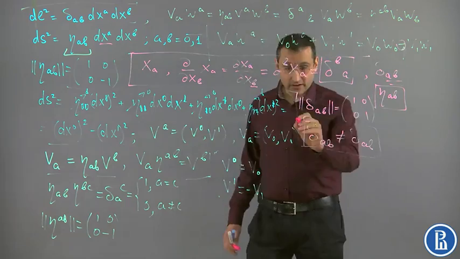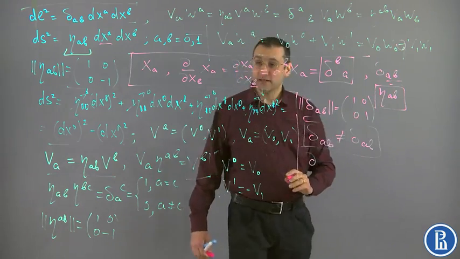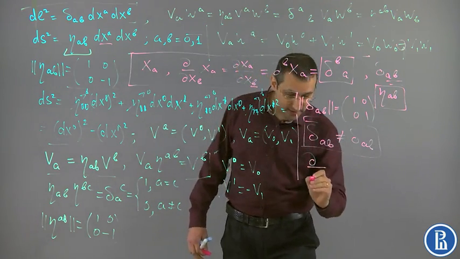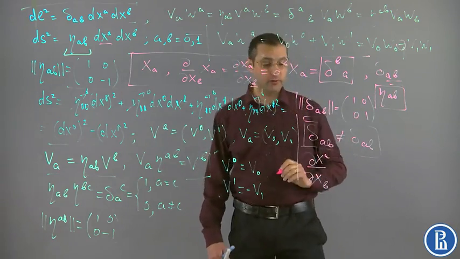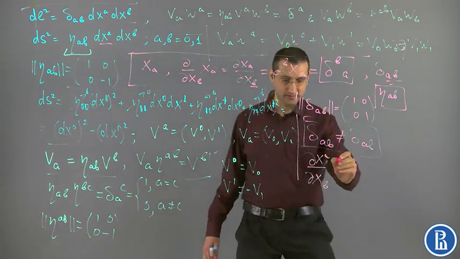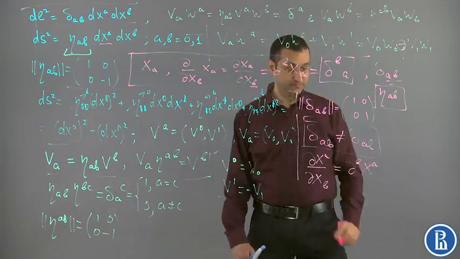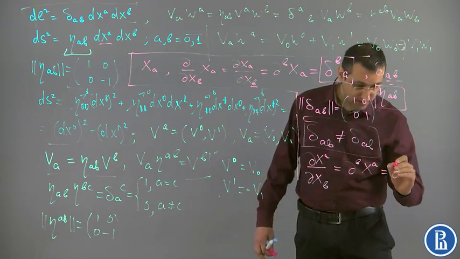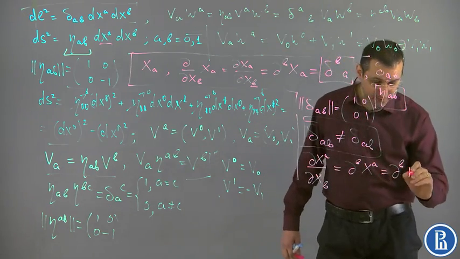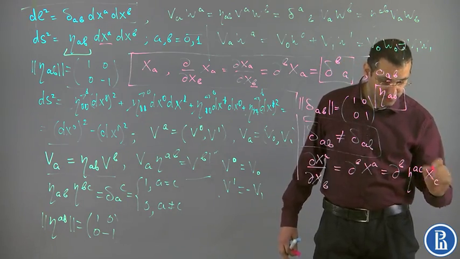Now then, immediately from here appears a question: what does d over dxb of xa with uppercase mean, which is the same as db of xa. Well, to answer this question, let us represent it like this: db eta ac xc.